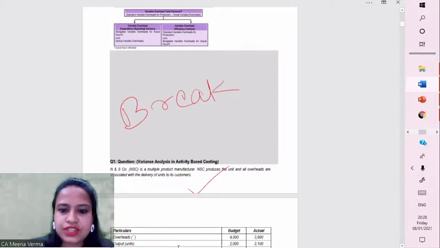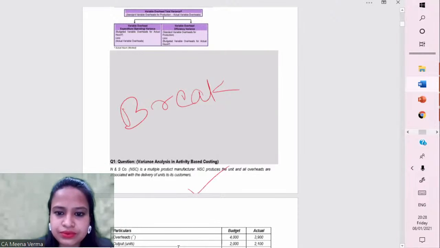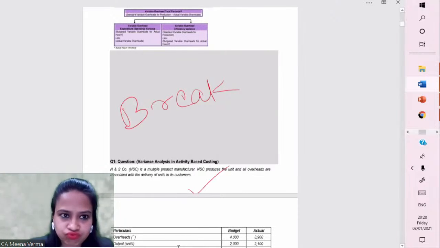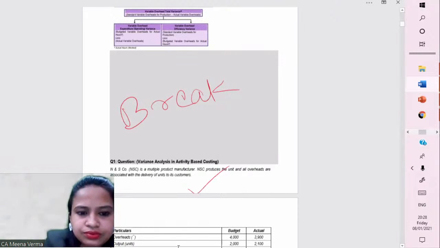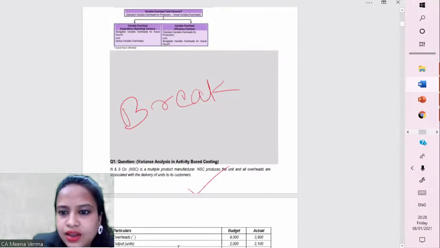We have these two formulas, actual cost.